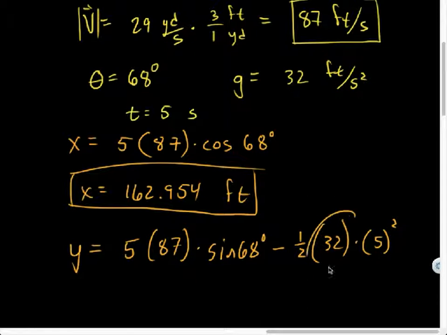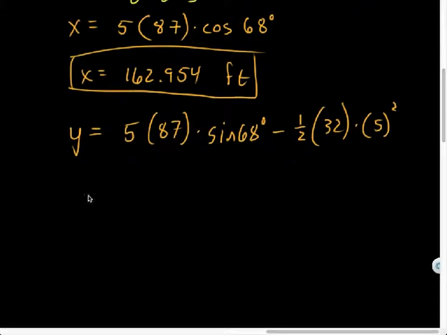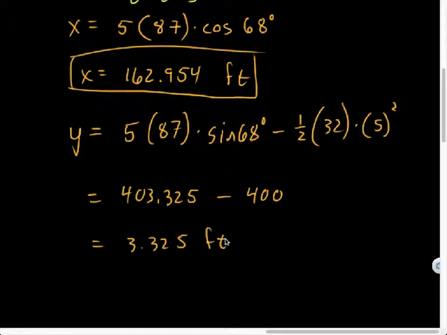Notice I'm not squaring the 32, I'm just squaring the 5 here. So this is 5 times 87 sine 68, and this portion is equal to 403.325, minus 16 times 25, which is 400. And so it looks like we're at 3.325 feet.